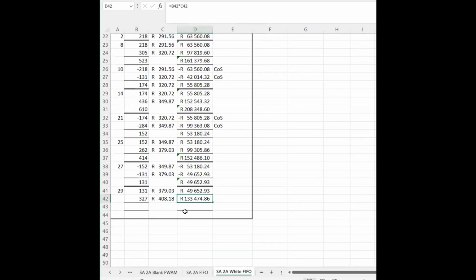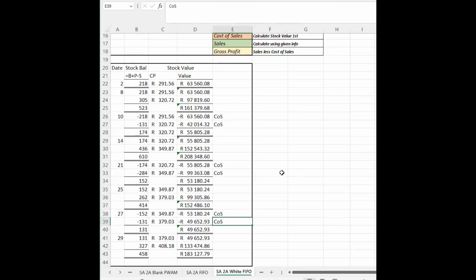We multiply those, and then if we add the items and we add the stock value, we can see that at the end of the month we have 458 units on hand, just like we had with the previous method, but the stock value is a little more because we have gotten rid of all our older stock. So now, I just forgot to tell you, these are cost of sales figures again.